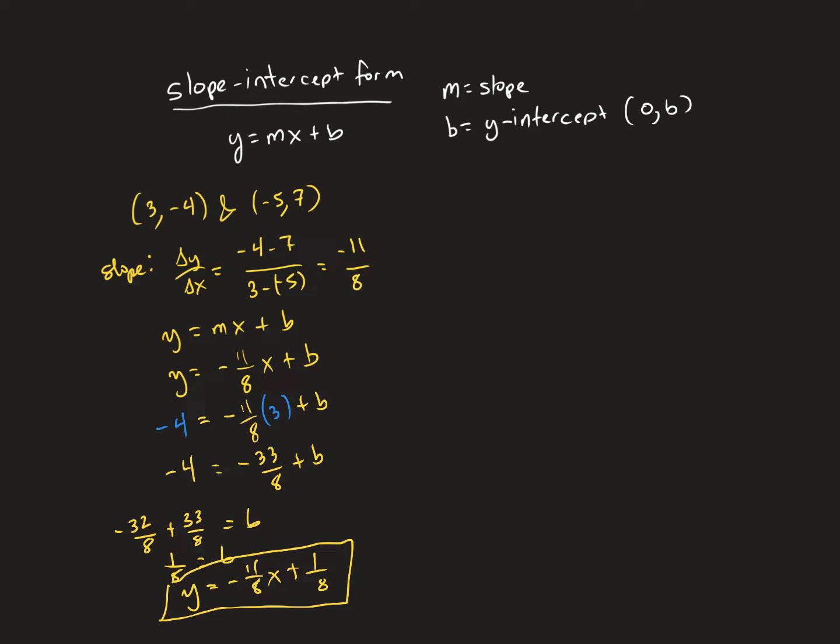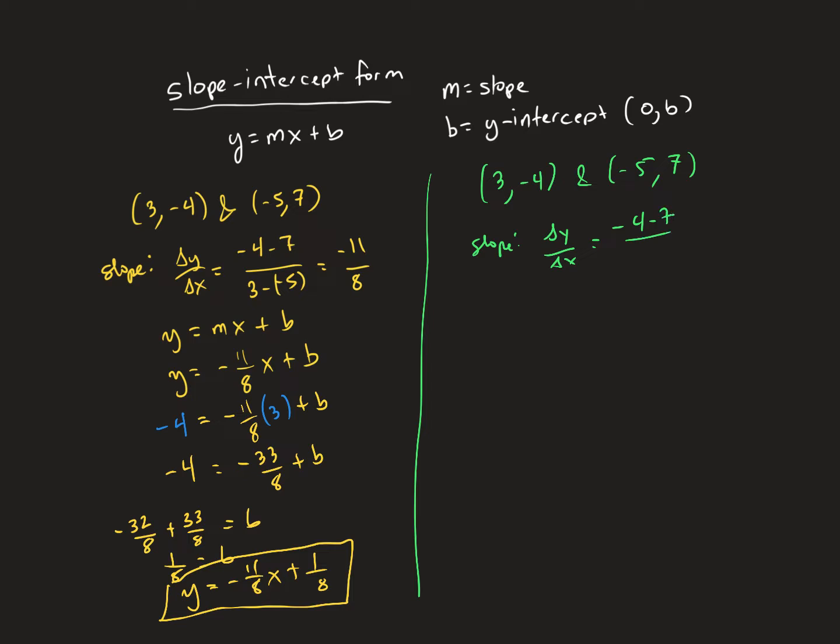Now, if you wanted to go from point-slope form into slope-intercept form, you again would find the slope first. You would write that in point-slope form.